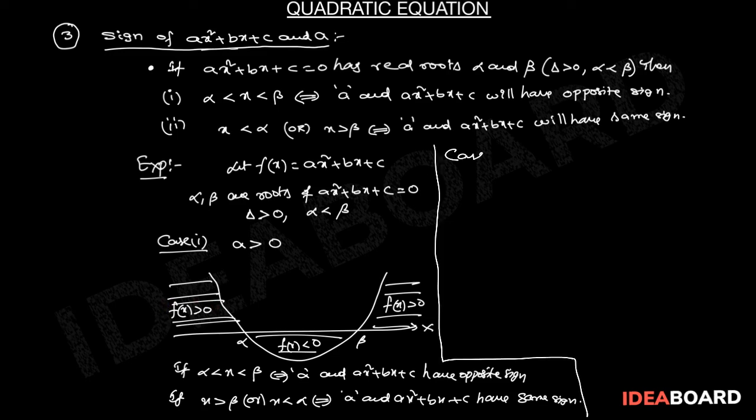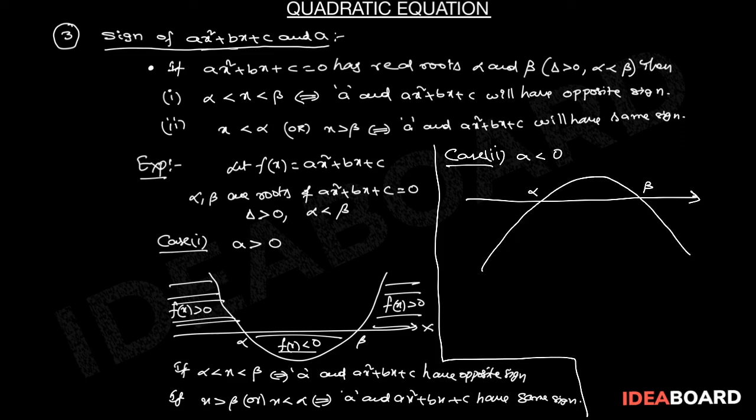Case 2. Here a is less than 0, the curve down open parabola meets the x-axis at two distinct points. That points are alpha and beta. This is alpha, beta. In between alpha and beta, here f of x is greater than 0.